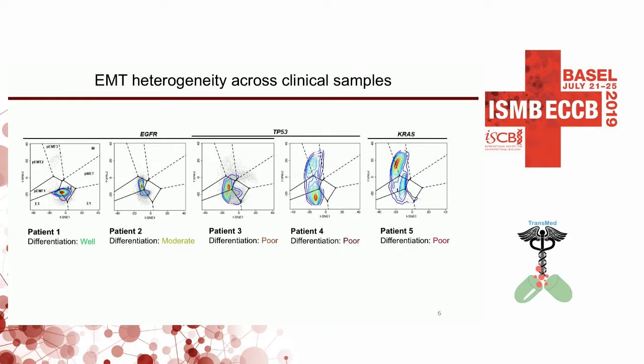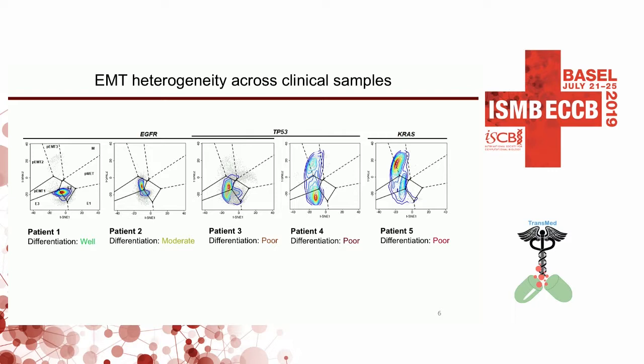Ultimately, our goal is to project clinical samples on the map. Here we have 5 patient samples of non-small cell lung cancer. If you look at the map for patient 1, we see the partitions where they are labeled. Based on projecting the time-course data, we have 3 epithelial state regions denoted as E1, E2, E3.